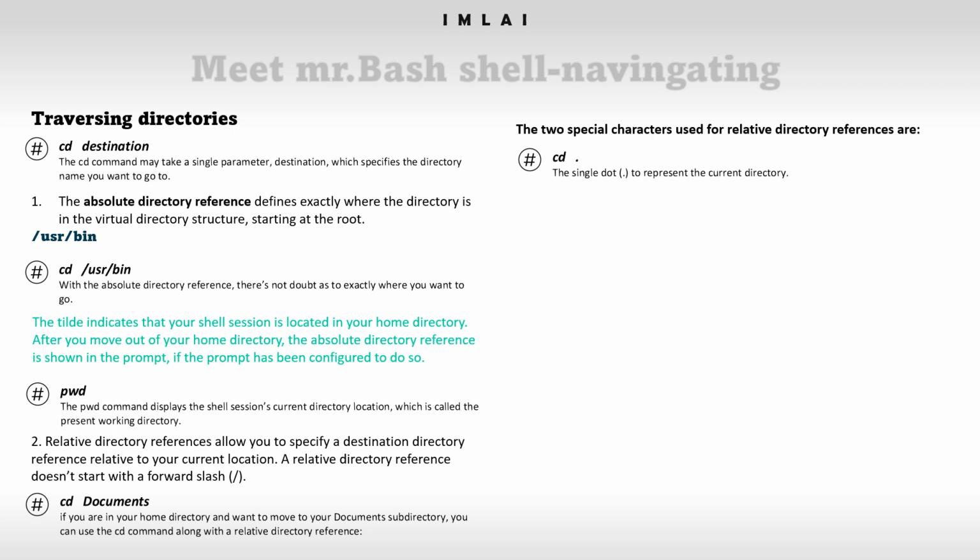Whereas a relative one is relative to your location; it's not absolute. You need a base, and based on that base you are moving. That's the reason we have special characters. The first one is a single dot, to represent the current directory, whereas a double dot represents the parent directory.